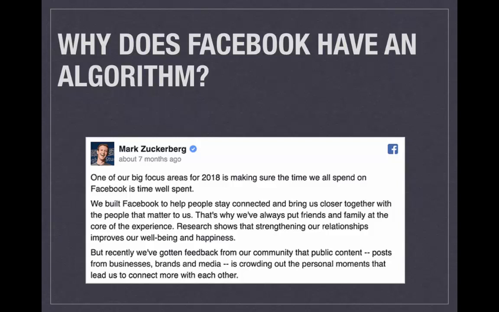But recently we have gotten feedback from our community that public content, posts from businesses, brands and media, is crowding out the personal moments that lead us to connect more with each other. The last sentence is very important.